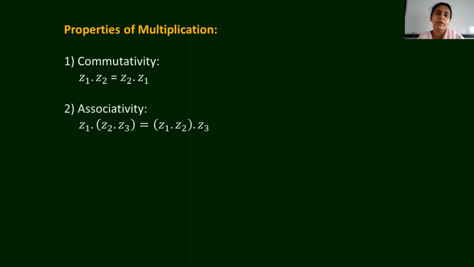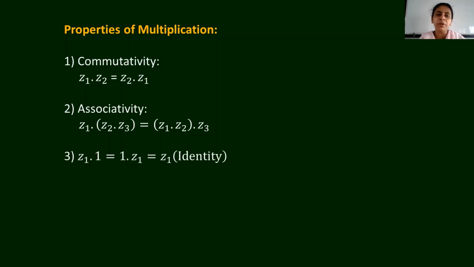Then the second property is associativity. If we have three complex numbers z1, z2 and z3, then the multiplication of those three complex numbers is associative. Then the third property is existence of multiplicative identity.